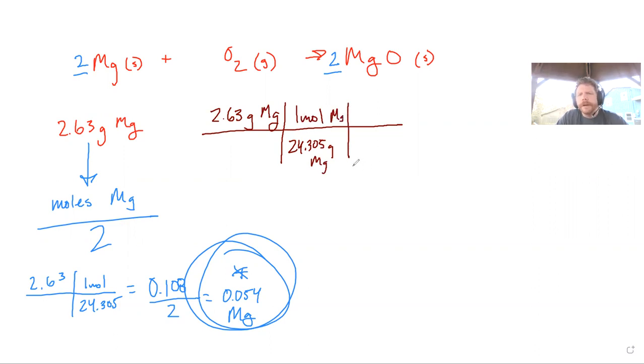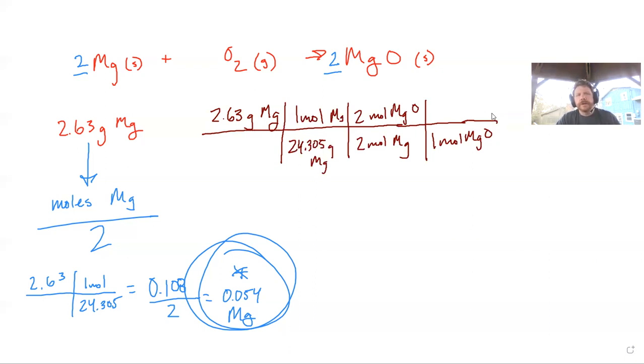Okay. Now that I've converted into moles of magnesium, I want to relate my moles of magnesium to my product. 2 moles magnesium is equivalent to 2 moles MgO. 1 mole MgO, because this is my other product, I need to know the molar mass of magnesium oxide.